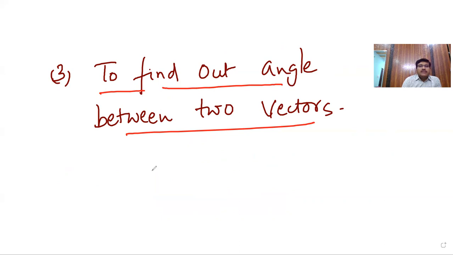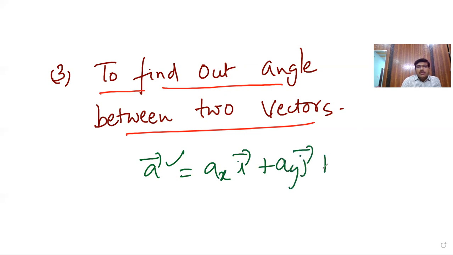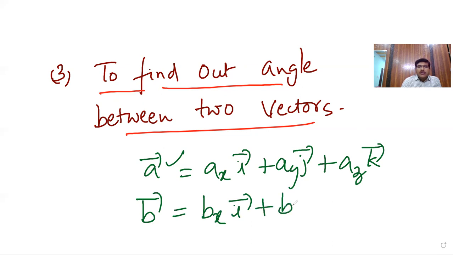Suppose vectors are given. A bar is one vector, B bar is another vector. A bar is AX i bar, AY j bar, plus AZ k bar. B bar is BX i bar, BY j bar, BZ k bar.